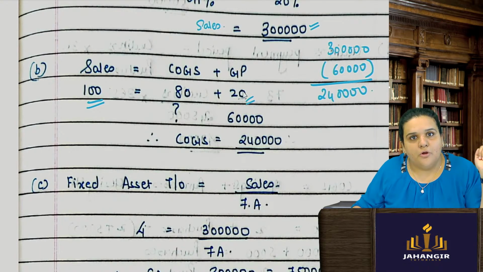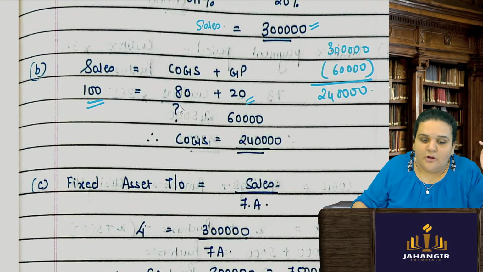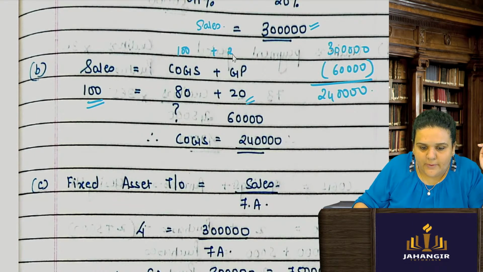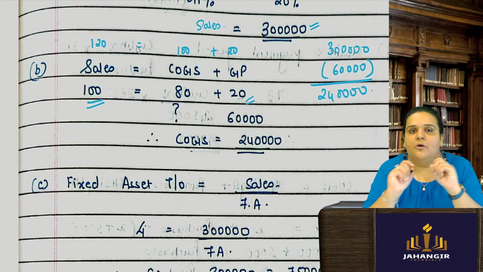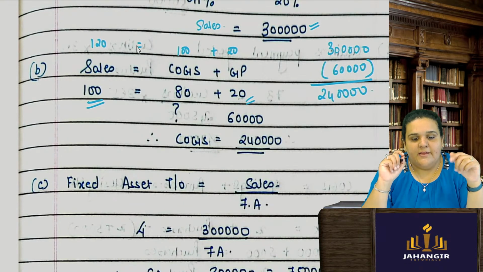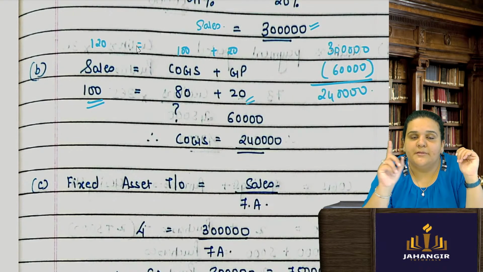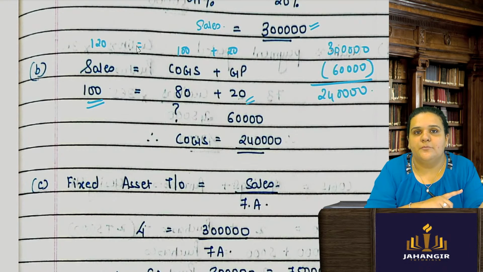But if they tell you gross profit margin as a percentage of COGS, then always assume your COGS to be 100. This would become 20 and then sales will become 120. You will never get a wrong answer. Okay, this is one trick. Whatever they are telling you gross profit margin as a percentage of, if it is a percentage of sales, assume sales to be 100.